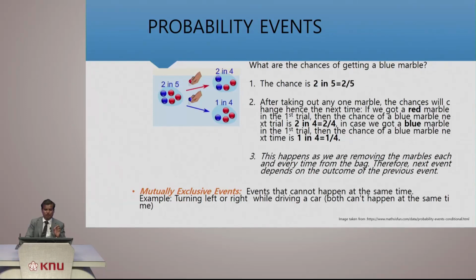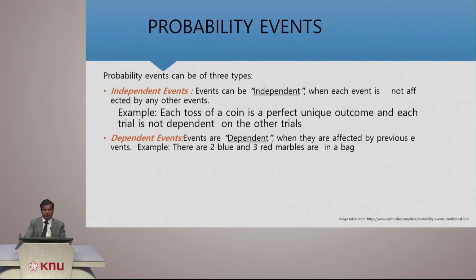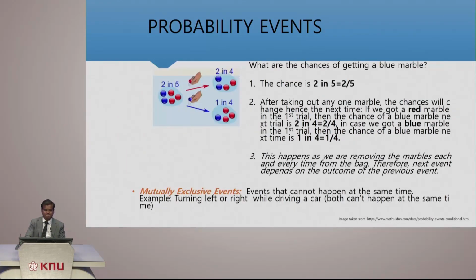In case we got a blue marble in the first trial, then the chance of a blue marble next time is 1 in 4. This happens as we remove marbles each time from the bag. Therefore, the next event depends on the previous events. So that's a dependent event.